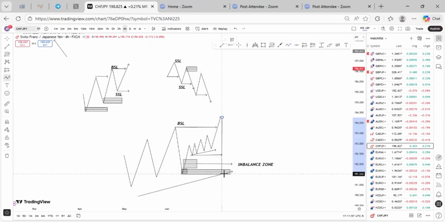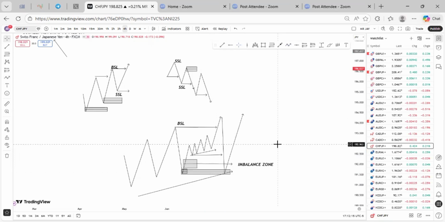And then market now targets this buy side liquidity over here, which is our external high, to continue the trend, right? So this is basically my thought process of this strategy.